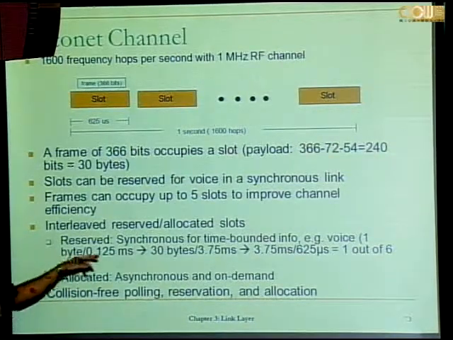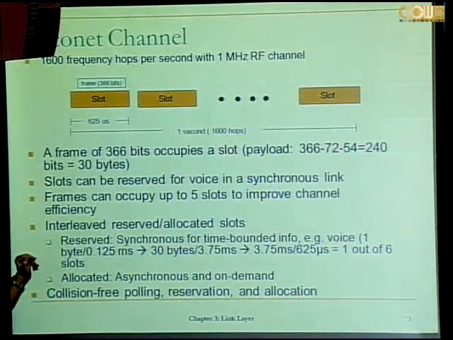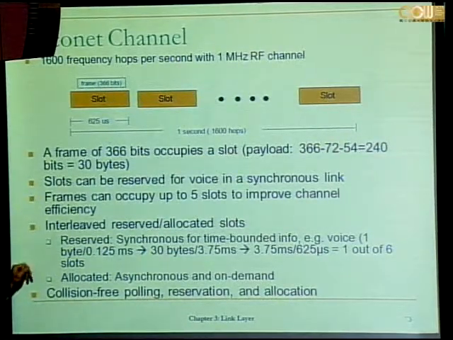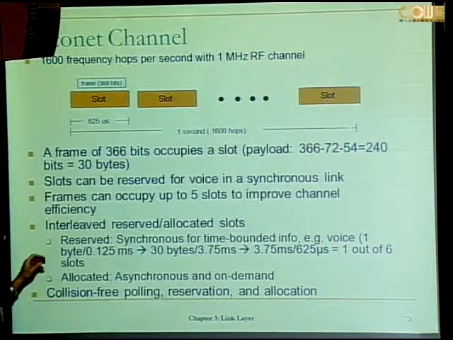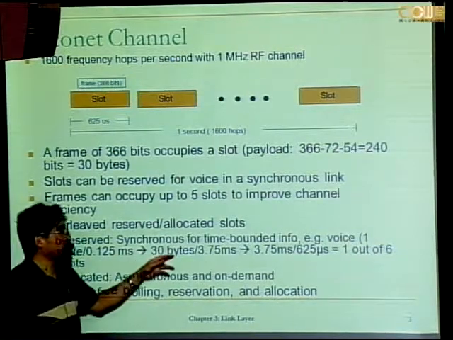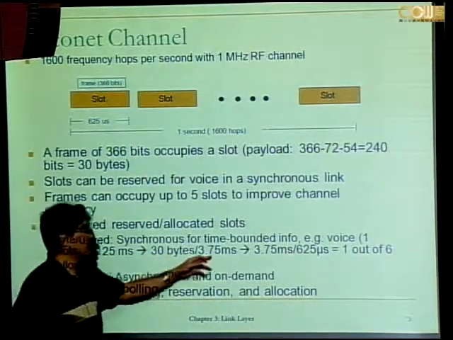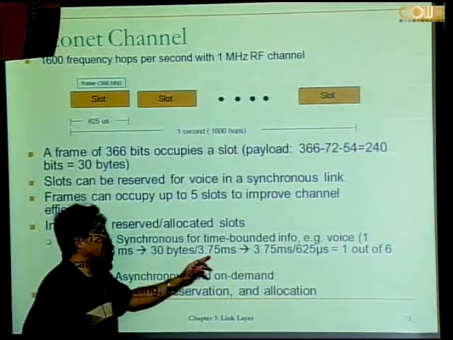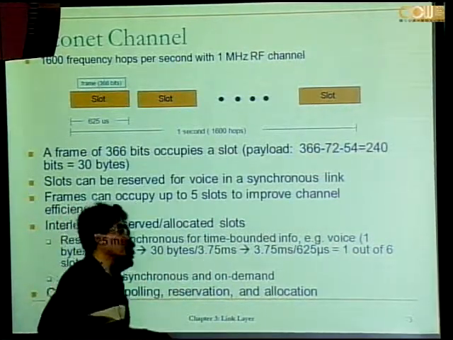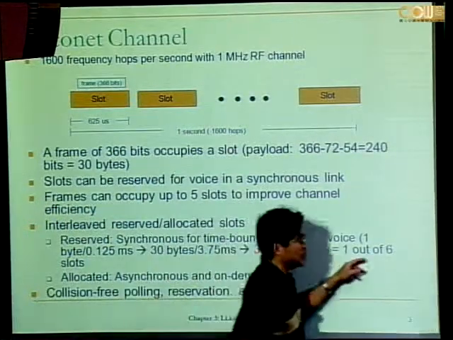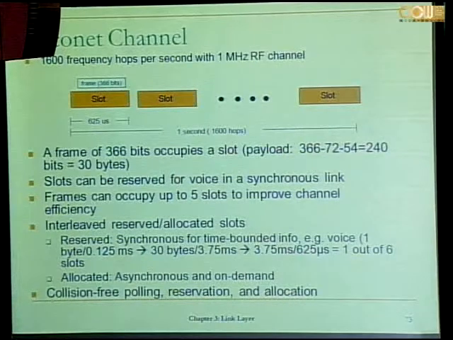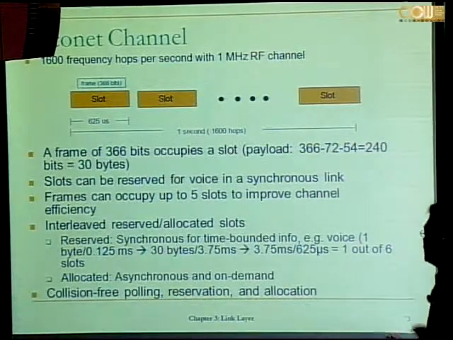So for every so many microseconds you have 1 byte of voice sample, and to accumulate 30 bytes it would take 3.75 milliseconds, which is about 6 slots. Every 6 slots, you would need 1 slot.